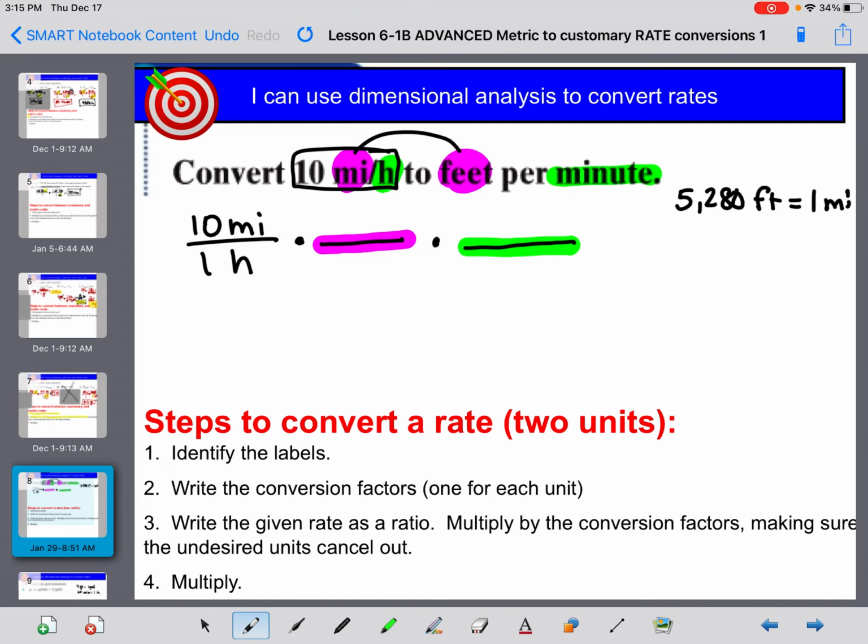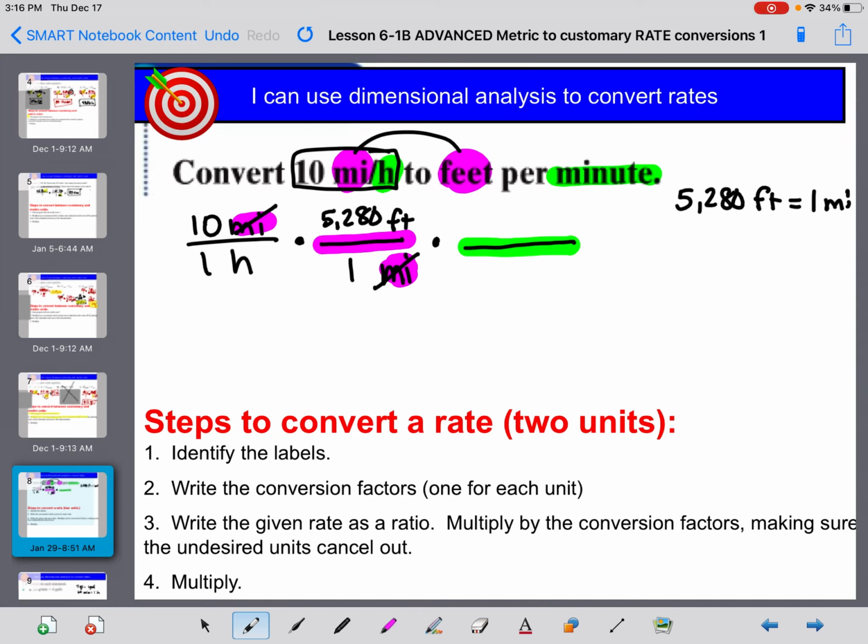Now I'm going to strategically place the label so that this miles cross off. I want this miles to go away. So that means I need to put it in the denominator. 1 mile. See? The rule follows exactly the same as before. Then 5,280 goes in my numerator.